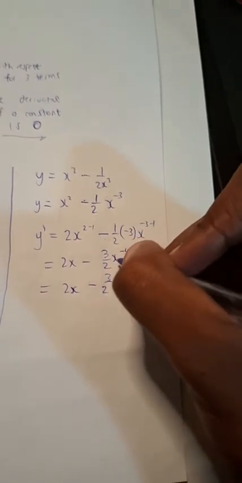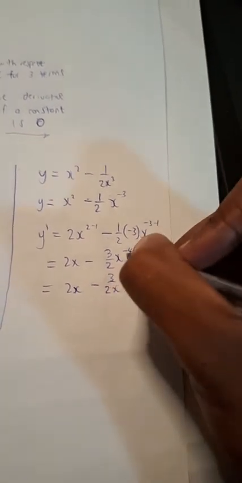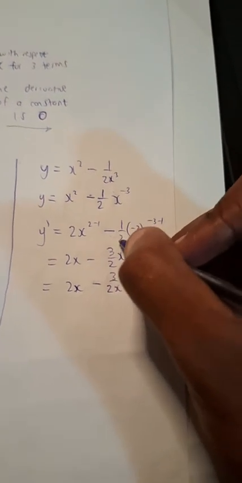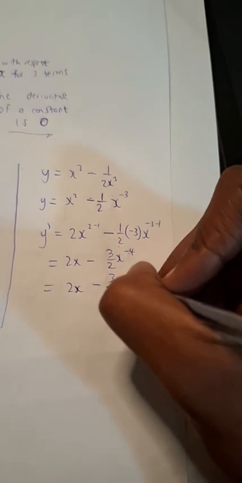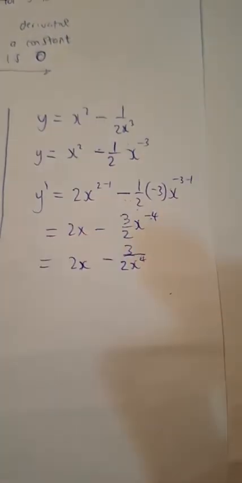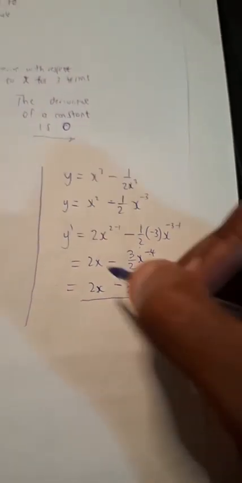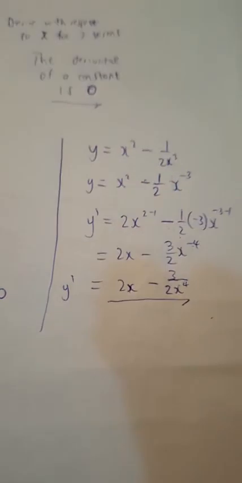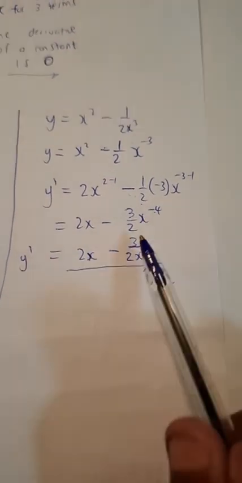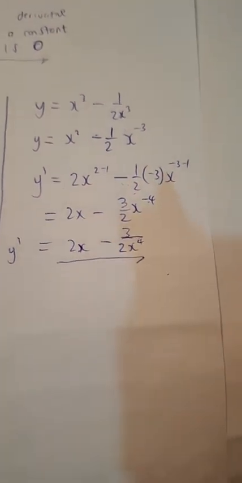The x goes back to the denominator. The exponent, that's negative. Remember, when the base changes position from numerator to denominator, the exponent loses that negative sign. It becomes positive. And that's it. That is basically the derivative with respect to x. Y prime is equal to 2x minus 3 over 2x to the power 4.